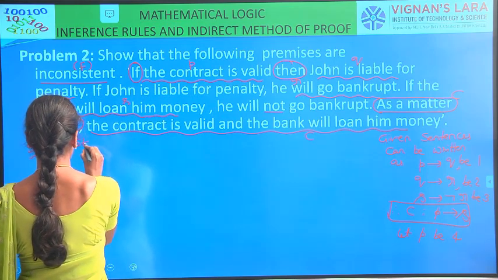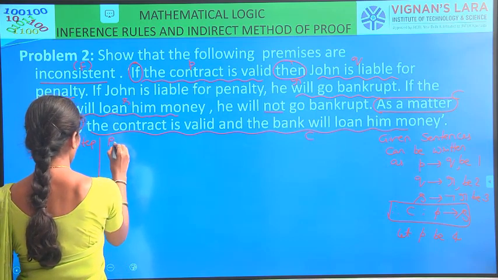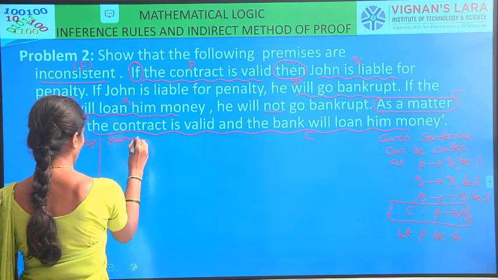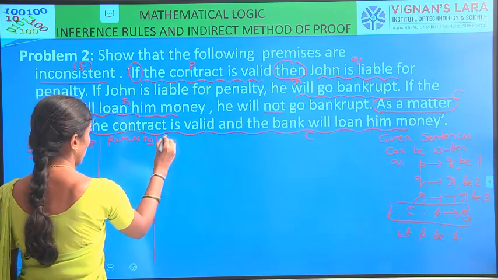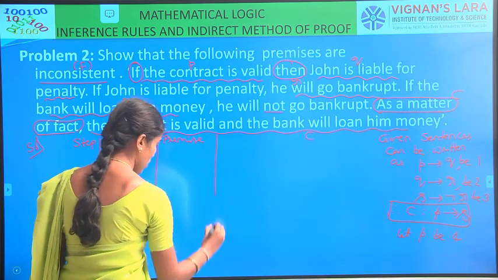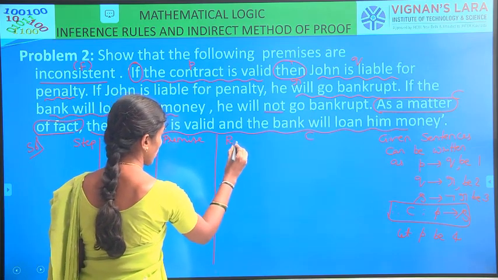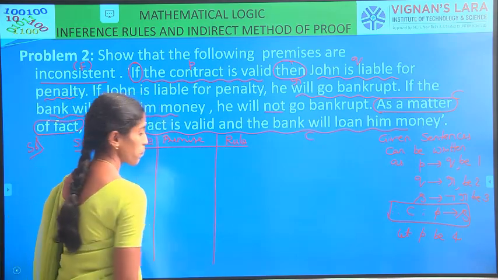Right, what is the first one? Step. Second one is premise number. Next one, premise. In the next step, which rule are we using here? Right.